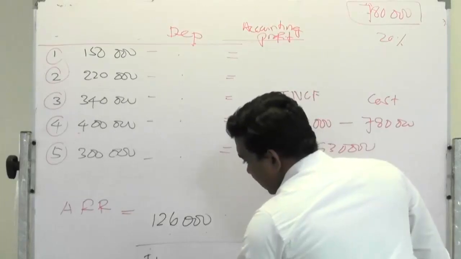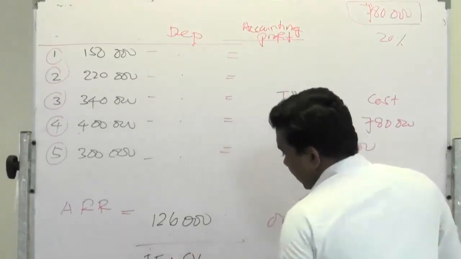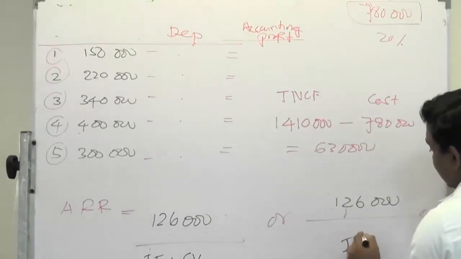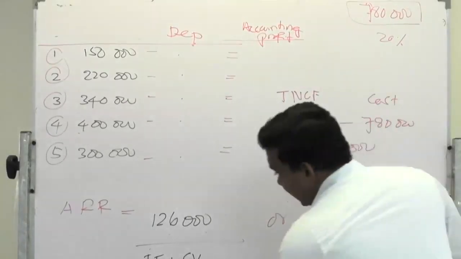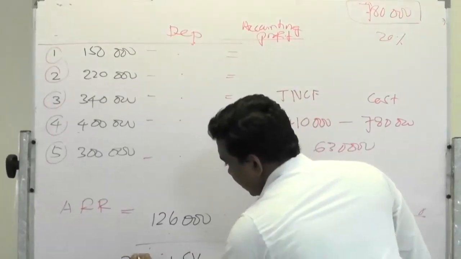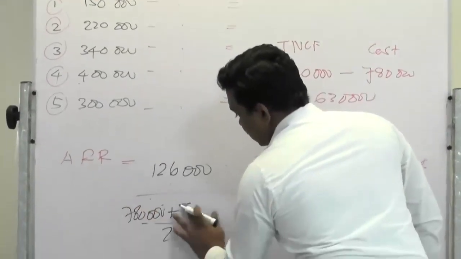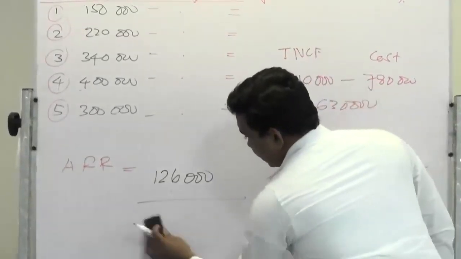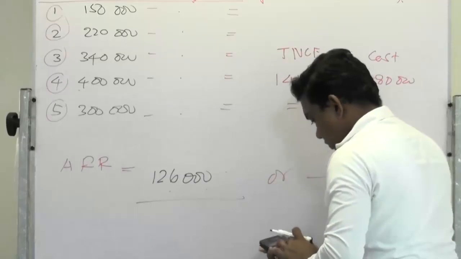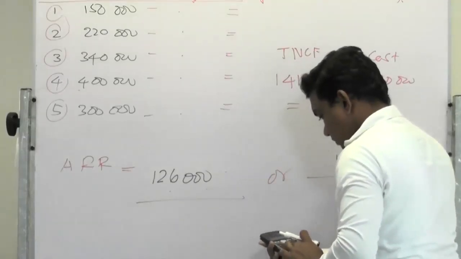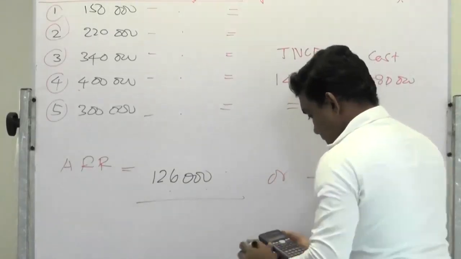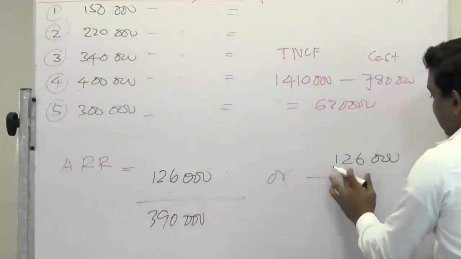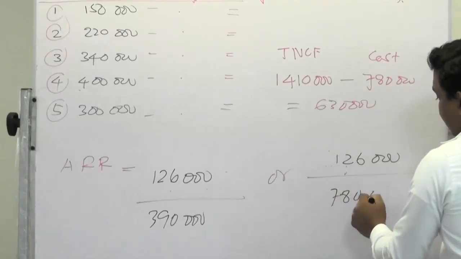Therefore initial investment plus scrap value, divided by 2. Here 780,000 divided by 2 is 390,000. With the other method you take it as it is, 780,000.